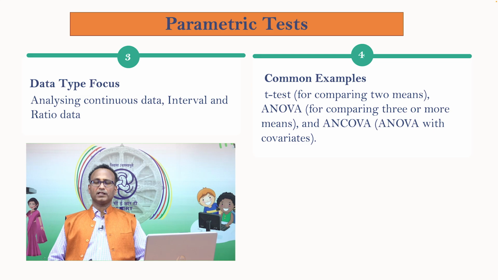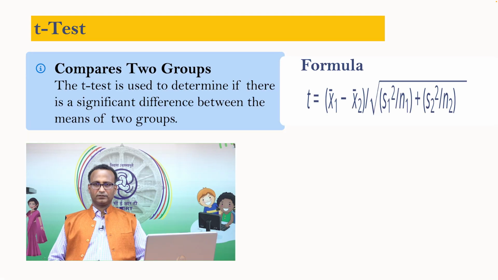But when your data is interval scale or ratio scale, you can use parametric statistics. Now, let us see the t-test, which is a very important parametric statistic.